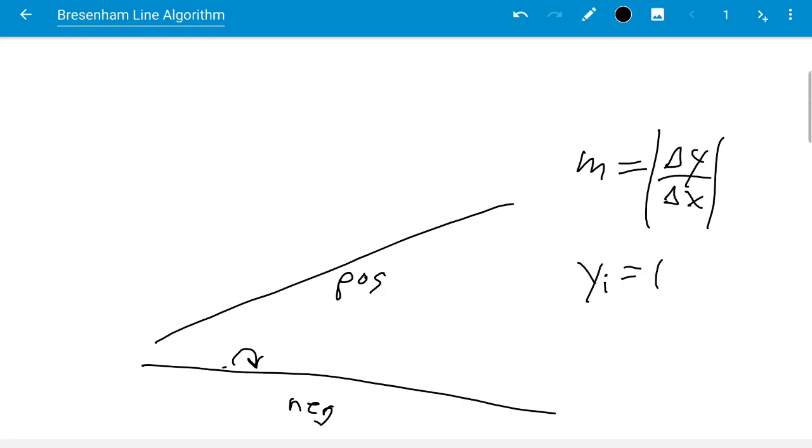But if we're in this lower octant here, so if our delta y is negative, then this increment should be negative. Y increment equals negative 1. All right, and then whenever we change our coordinate, it's going to be y plus that increment instead of just y plus 1. That way it can be negative.